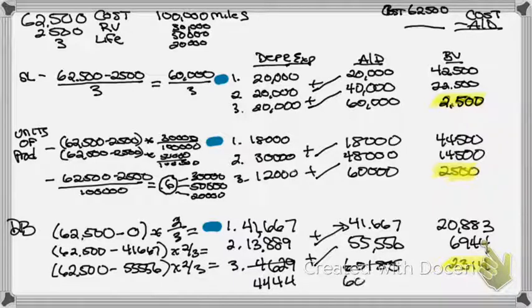This will become 60,000, and this will become 2,500. Because we cannot depreciate below the residual value.